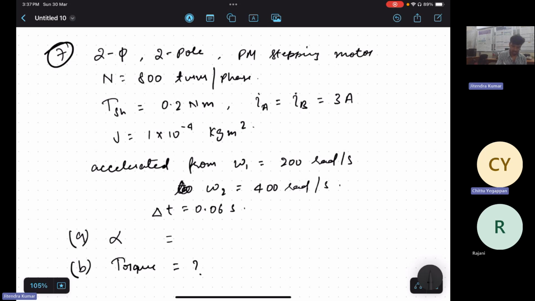Yeah, that's correct. And torque is 0.533 Newton meter, sir.